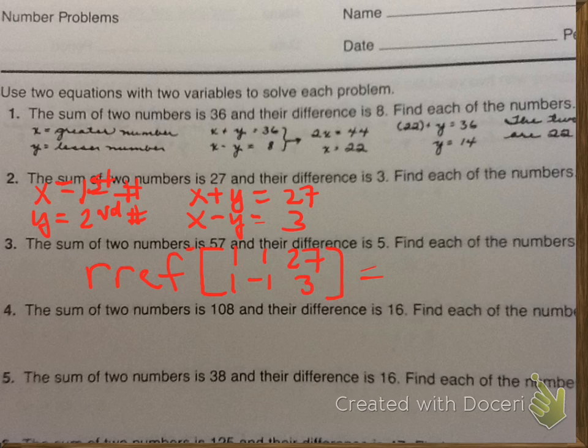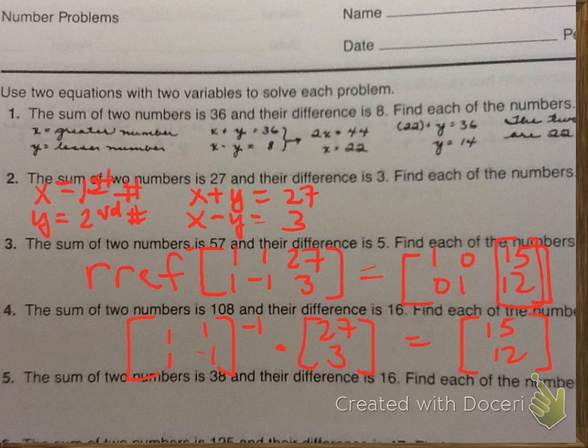Press enter, and you have your answer: 1, 0, 15, 0, 1, 12. 15 and 12 are the answers. If you decided to do the inverse method, you would set it up so that the coefficients raised to the negative 1 power times the answers will give you the final answers of 15 and 12.